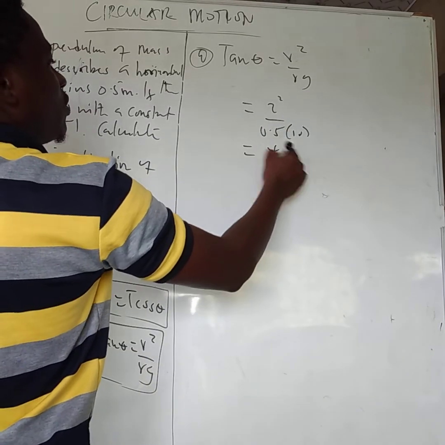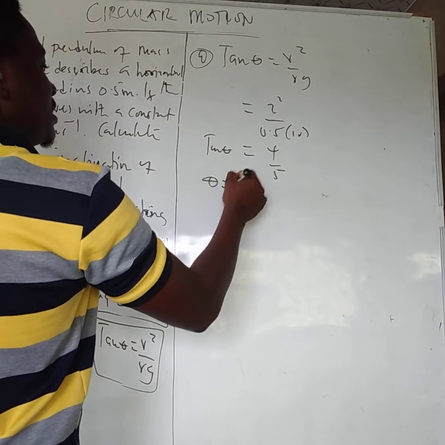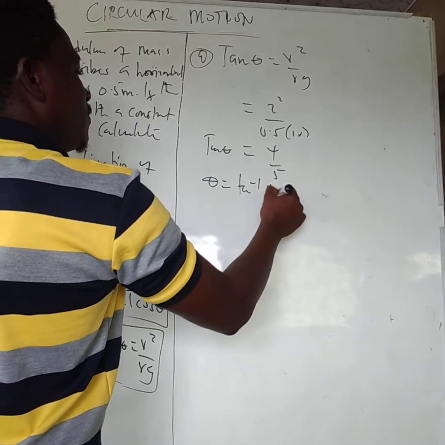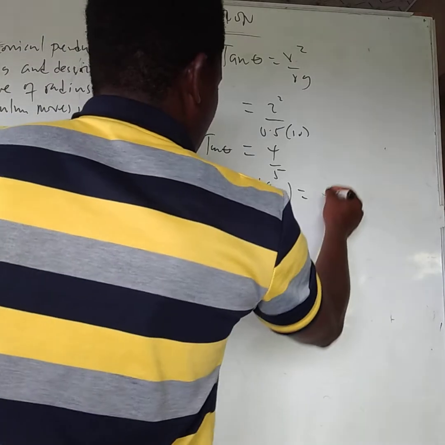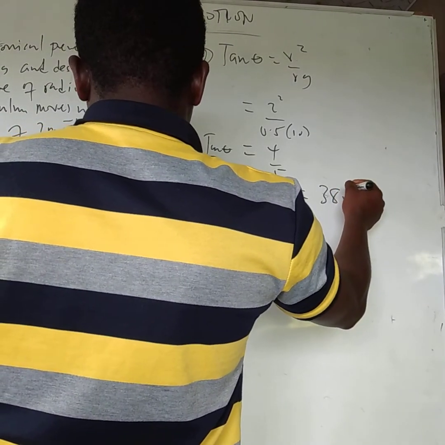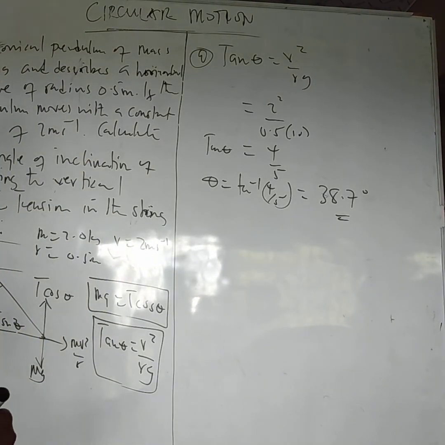So you have 4 over 5. So tan theta is equal to 4 over 5, so theta is equal to tan inverse of 4 over 5. If we use our calculator, we are going to arrive at 38.7 degrees for our angle theta.